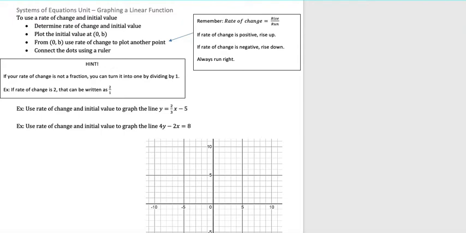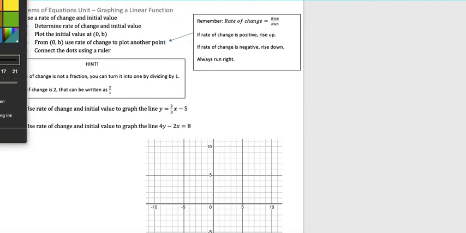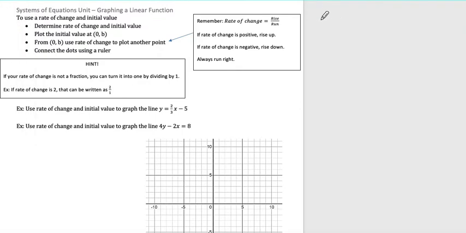So remember, if we have the line y equals ax plus b, remember, a is our rate of change, right? This is our a, and b is our initial value. So a, rate of change, we'll say ROC.